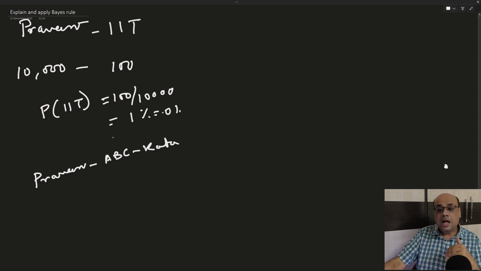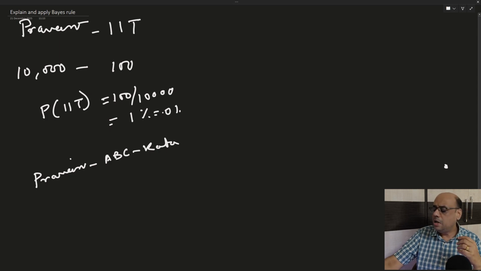So what is the new probability that Praveen goes into IIT, given that he is taking coaching in ABC Institute in Kota? The answer to this question is the heart and soul of Bayes theorem. There is a well-defined formula for getting the solution to this kind of problem.